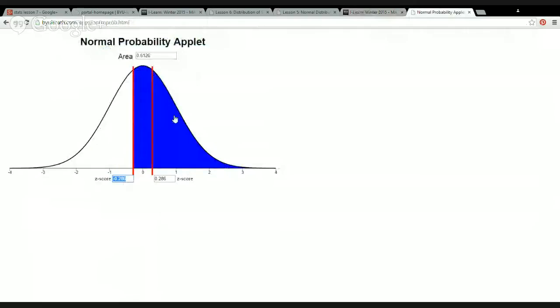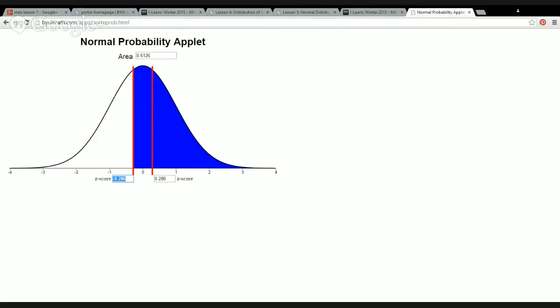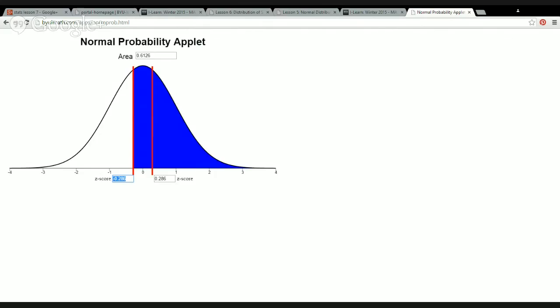So then we're going to shade the middle and to the right. Did you get 0.6126? No, I got 0.9979. Oh, because it rounded it up. It automatically rounds mine up, so instead of 0.857 it rounds it to 0.86.